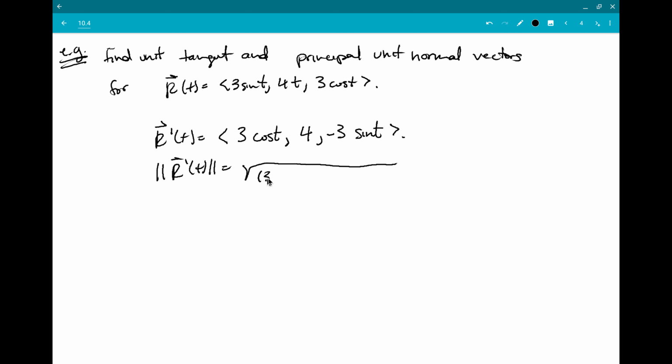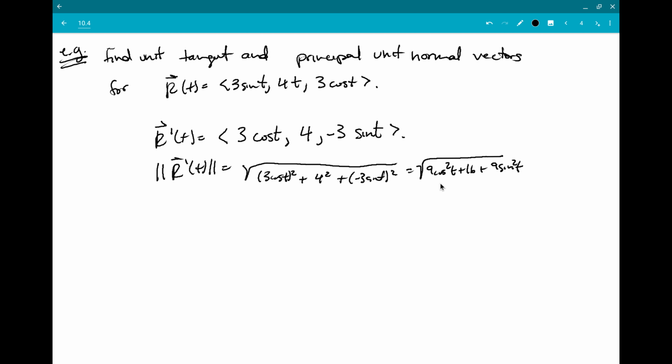We know that that's given by the square root of 3 cosine t squared plus 4 squared plus minus 3 sine t squared. Well, I'll keep it all in order for now. 9 cosine squared t plus 16 plus 9 sine squared t.